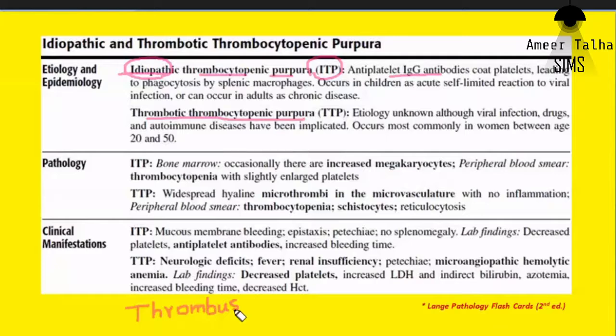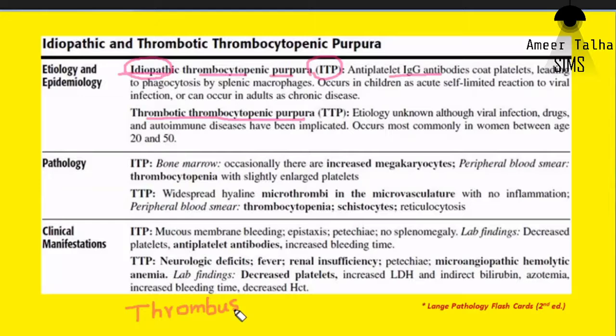If a thrombus gets dislodged in the circulatory system, when a thrombus becomes mobile, it becomes an embolus. When a thrombus is dislodged or becomes mobile, we label such a thrombus as an embolus, and the plural is emboli.